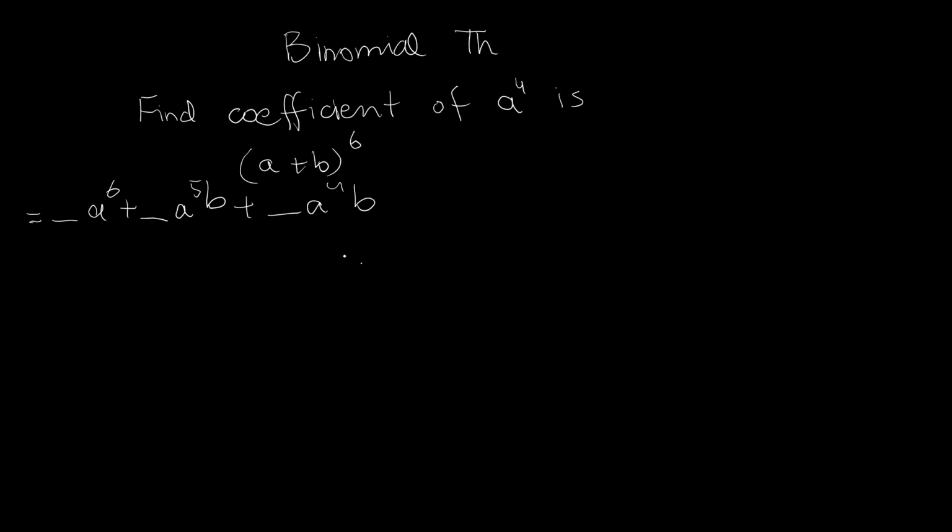So this is the third term where you have a to the power of 4, right? And you have to find the coefficient of the third term here. Next, you need Pascal's triangle up to the seventh row, because the exponent is 6 and the rows start at n equals 0. So 1, 2, 3, 4, 5, 6, 7.